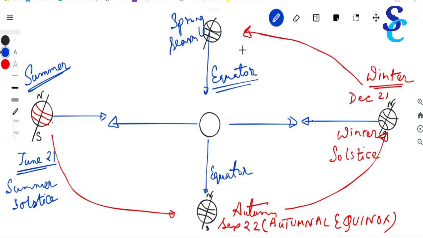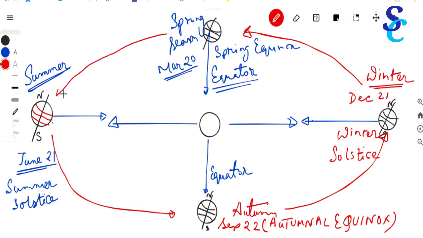It will be in the month of March, and on March 20 you will have the spring equinox. Spring equinox means again we will have equal day and equal night. And after that it will come back to this position, and in this way it will complete a 1 year revolution cycle.